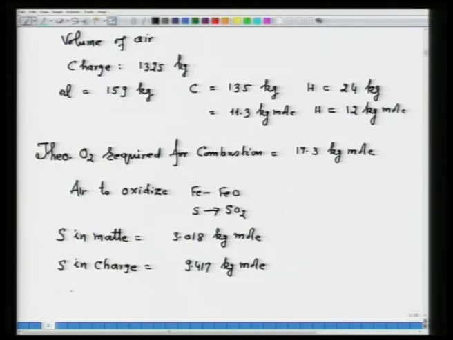So, sulfur oxidized to gases, you can very well guess now, that will be 9.417 minus 3.018, and that will be equal to 6.399 kg mole.